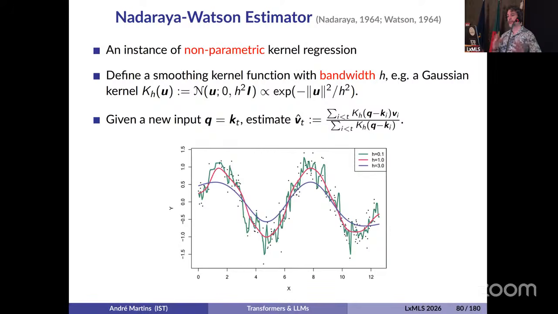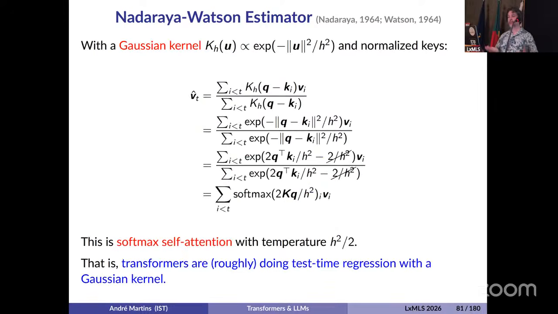It's very common to use things like Gaussian kernels for this kind of estimation. So if you use a Gaussian kernel with some bandwidth h, and assume that keys are normalized, which is basically what happens if you are using RMS norm, then by doing the math, which is very simple, you just replace these by the expression for the Gaussian kernel, and you get a bunch of exponentials in the numerator divided by a sum of exponentials in the denominator.